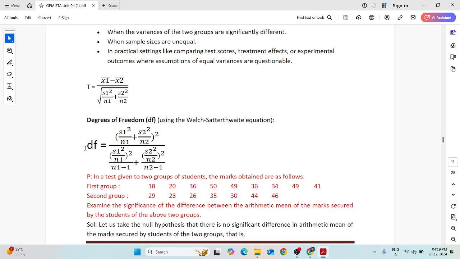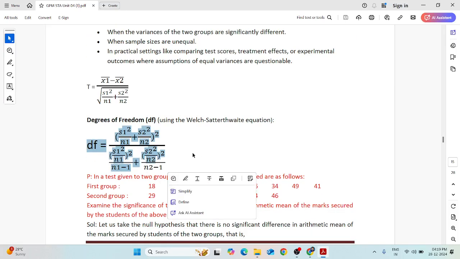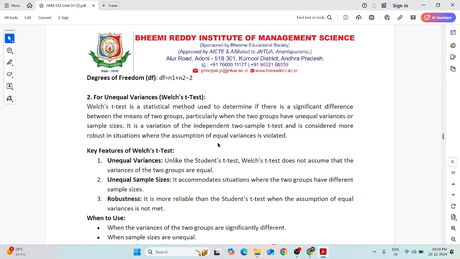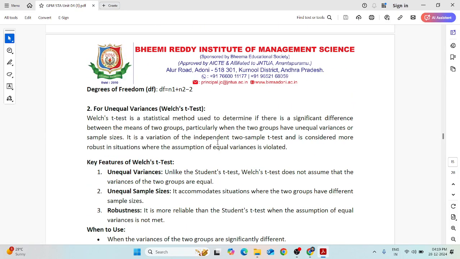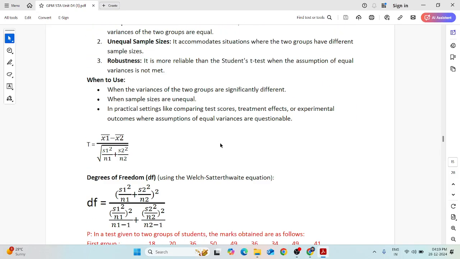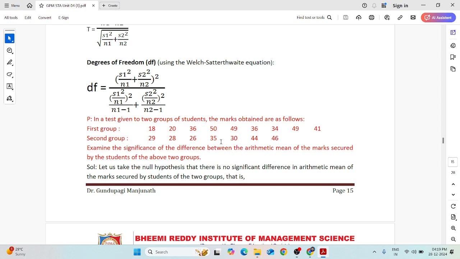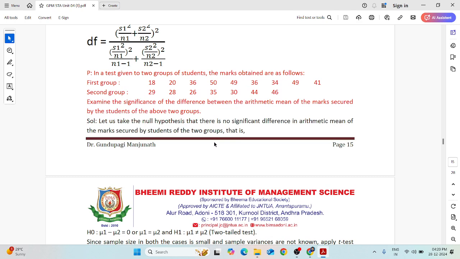But when it comes to the degree of freedom, we need to apply this formula to calculate the degree of freedom only when we are using this particular method, the Welch's t-test, when unequal variances are there. If there is a lot of difference in the variances, then we use that particular t-test.